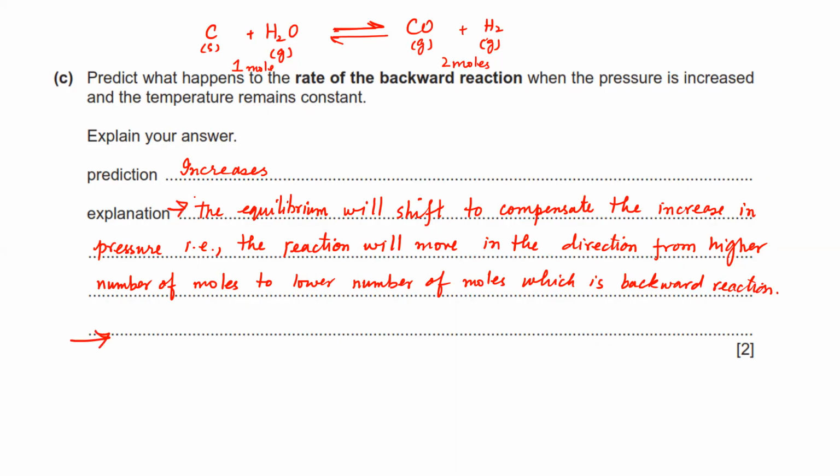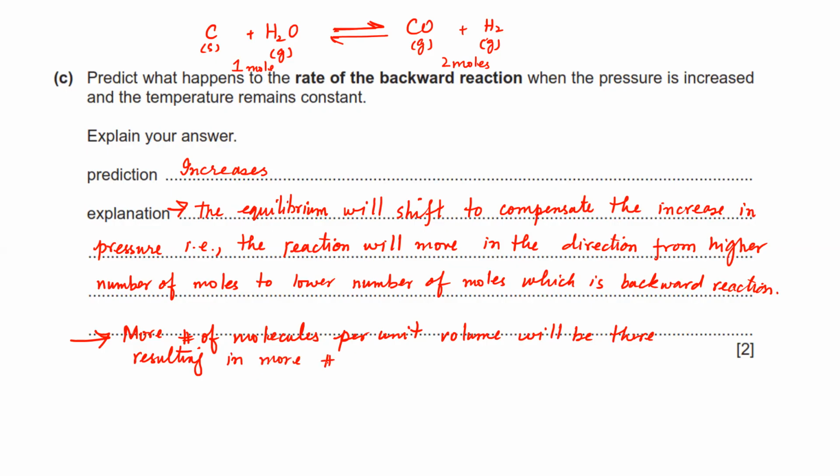Another way of explaining is that we have more number of molecules per unit volume, resulting in more number of collisions for a reaction to take place.